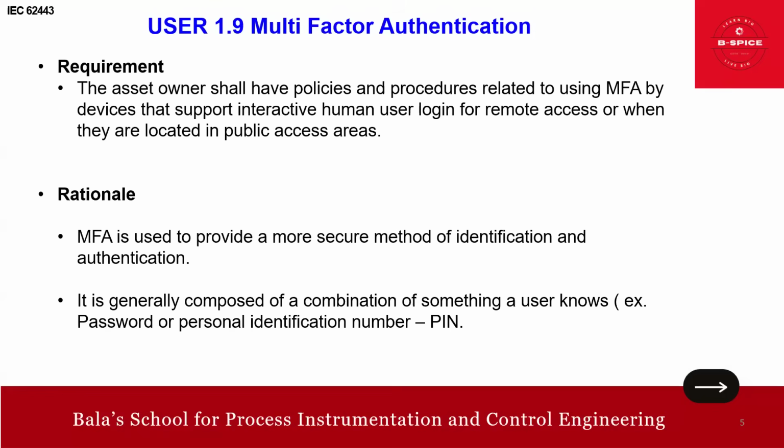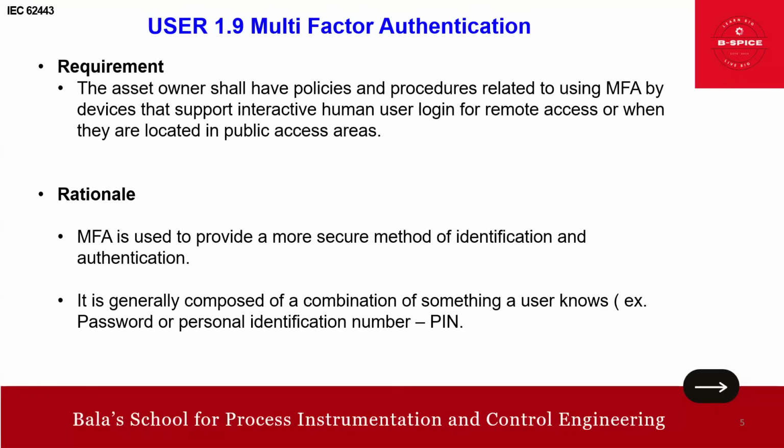It is generally composed of a combination of something a user knows, for example a password or personal identification number, or something the user has, meaning a smart card or security token, or something a person is, for example a fingerprint or retinal scan. So the point is using MFA for a workstation that can be accessed by non-IACS users makes it more difficult for this user to defeat a single-factor authentication mechanism.